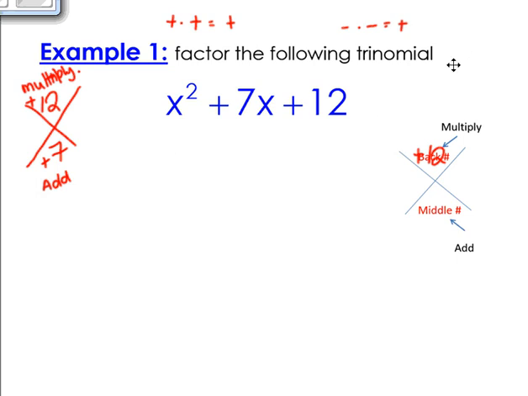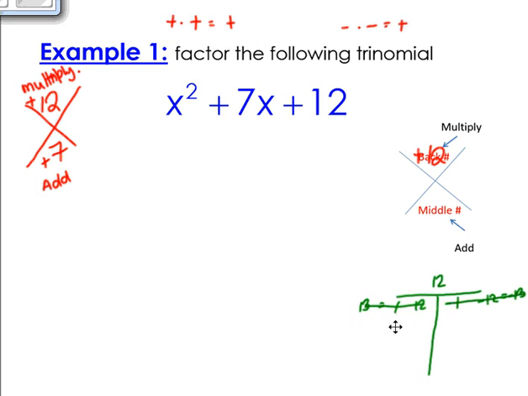So I'm going to think about everything that multiplies to give me 12. Well, let's see. I could multiply 1 times 12 and then add it together. 1 plus 12 is 13, not 7, so it's not this one. I could also do negative 1 and negative 12. Well, when I add those together, that gets more negative, gives me negative 13. That's not my answer.